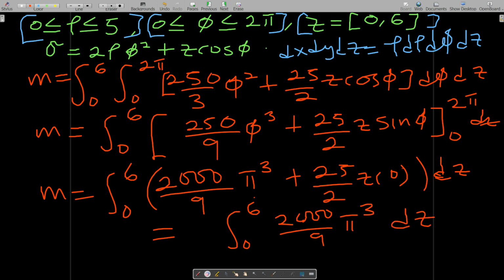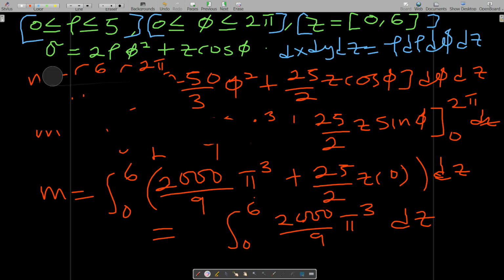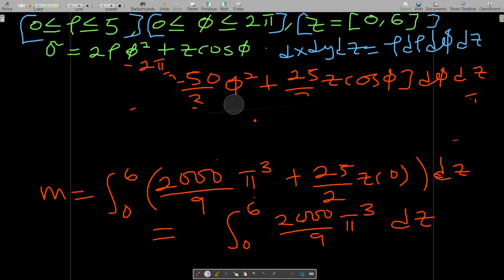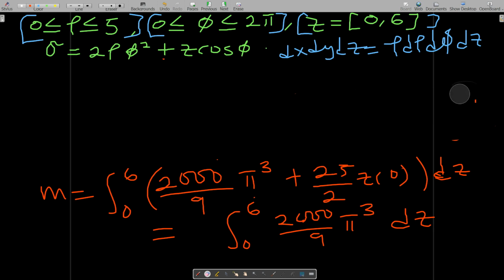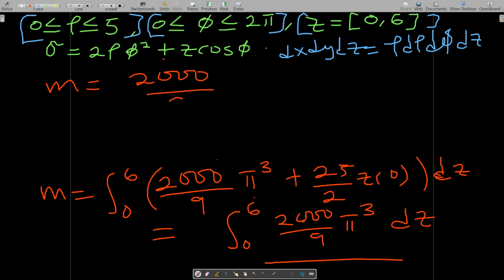So now with this, let's erase the top here quickly and simplify our mass and put it back. Mind you, just maintain everything in terms of pi, because you've not been given pi, so after everything you should maintain in pi. Mass is now equal to the integral of the whole of this, and we get 2000 over 9 pi cubed z from 0 to 6.